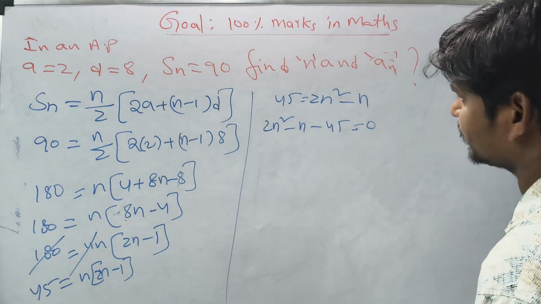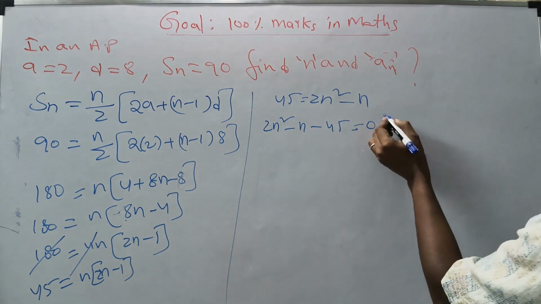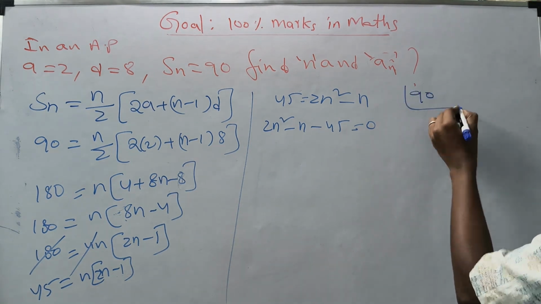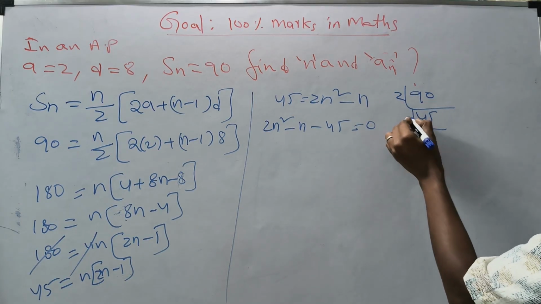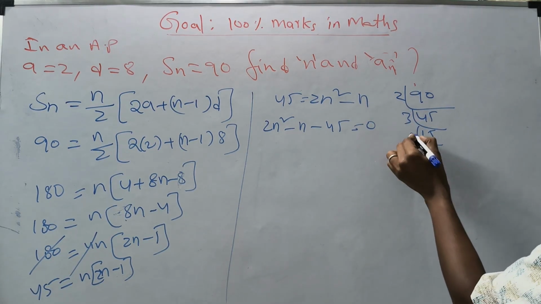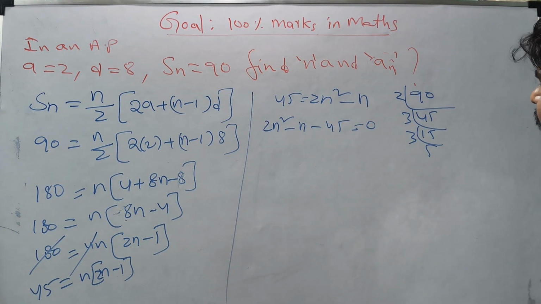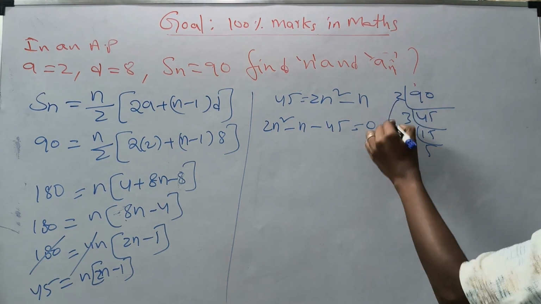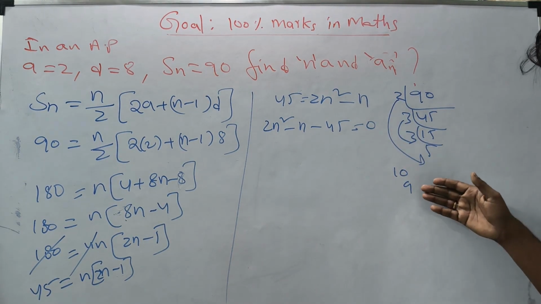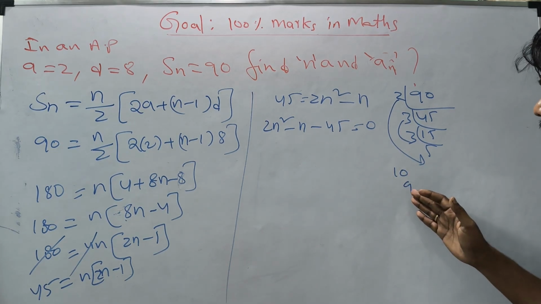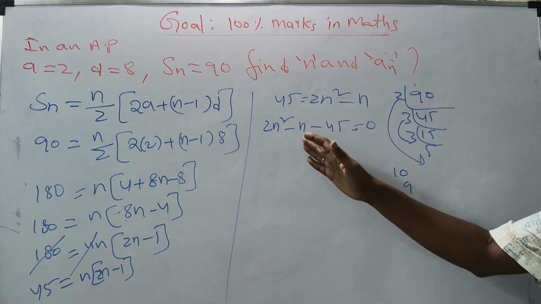How is it possible? See, 90. So we can take this method. If you take factorization, 2 into 45, now 3 into 15, now 3 into 5. Now how can we write? See here. If you take 2 fives are 10, 3 threes are 9. If you subtract minus 10, then plus 9, you will get minus 1 only.